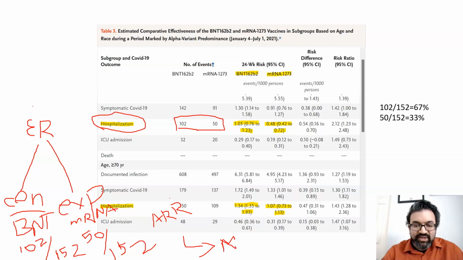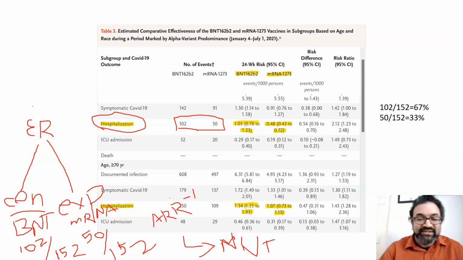So I'm just going to write number needed to treat, and I'm going to use shorthand for everything because of the limited ability. This is another way to designate inverse, raised to the negative one. So then there you have it. That's how you calculate number needed to treat.